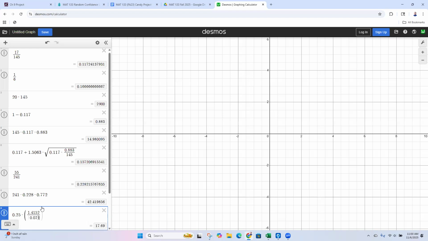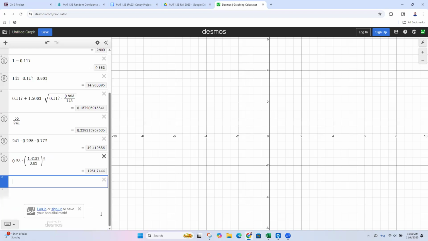If you hit the shift button and the 6, it'll let you square that. Oh, nope. I want to close my parenthesis here and square the whole thing. There we go. So that gives me 1251.74.